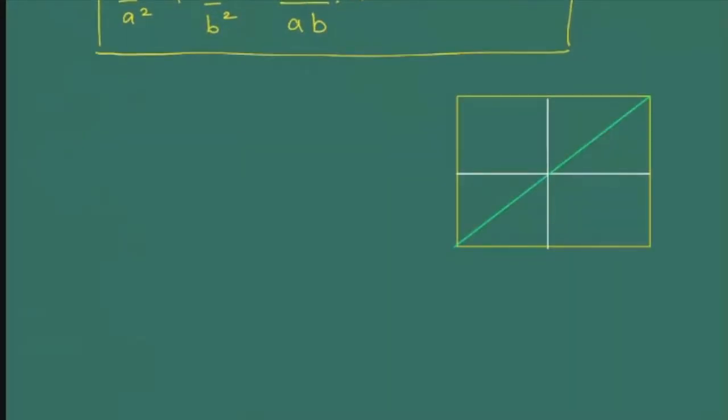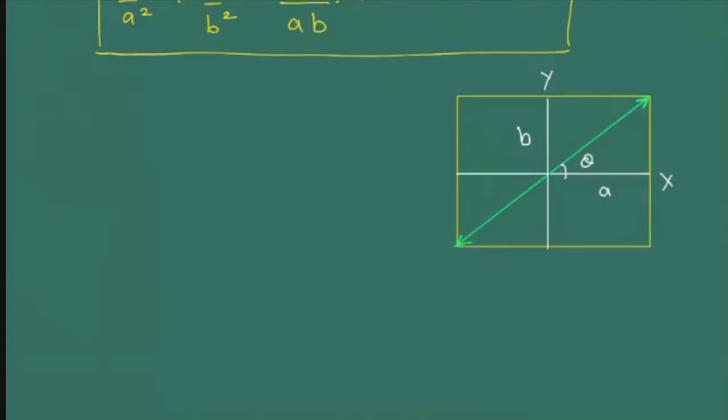So this is our x, this is y, this is theta, this is actually a, and this is b. And our vibrations are here, this and this. So this is the equation for the ellipse, and your ellipse will be confined to this rectangle of side 2a and 2b.